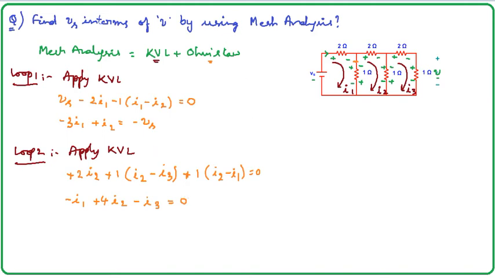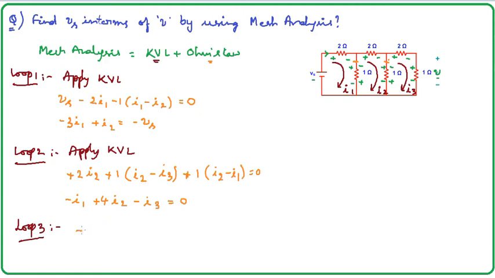Let me apply for loop 3 also. Loop 3, same thing, application of KVL. If I apply KVL here, what will happen? Same thing. Let me start from this part only, and we will move in this way.